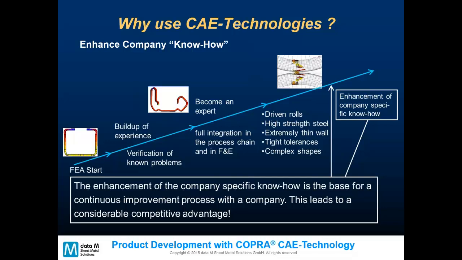You can see here on the FEA timeline we have the starting point of FEA, whereby we would need to build on this experience, and we can then verify the known problems we may have in existing roll tool sets or at the machine and new designs.